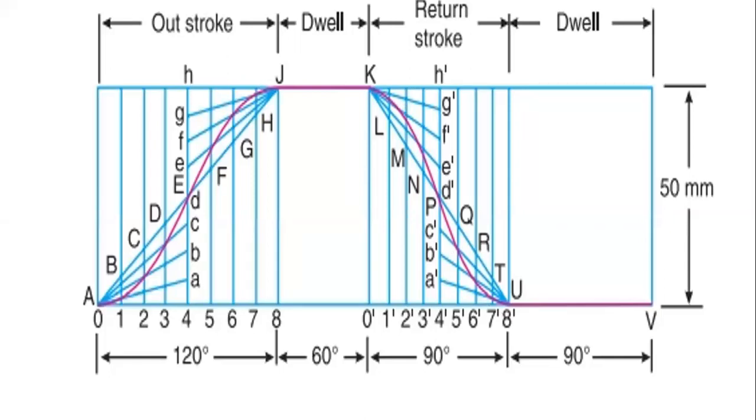And the remaining period is the dwell period, which indicates the flat line position.